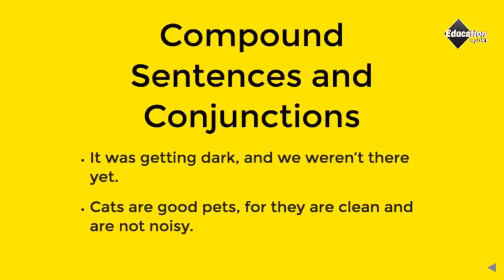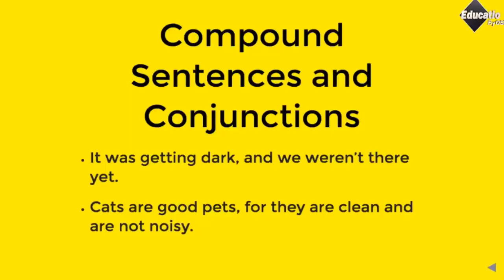Here are the examples. It was getting dark is an independent clause with a comma and a conjunction and, independent clause we were not there yet.